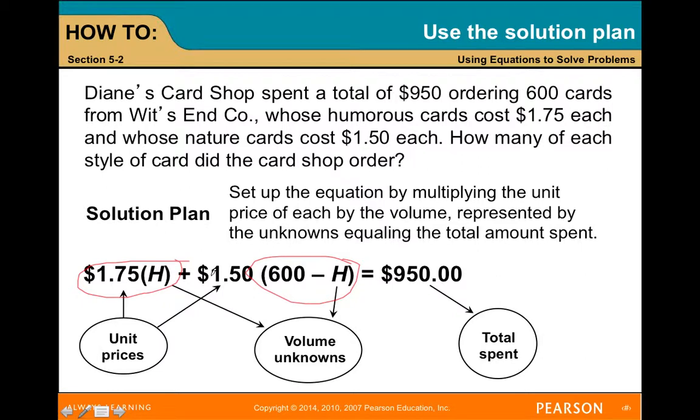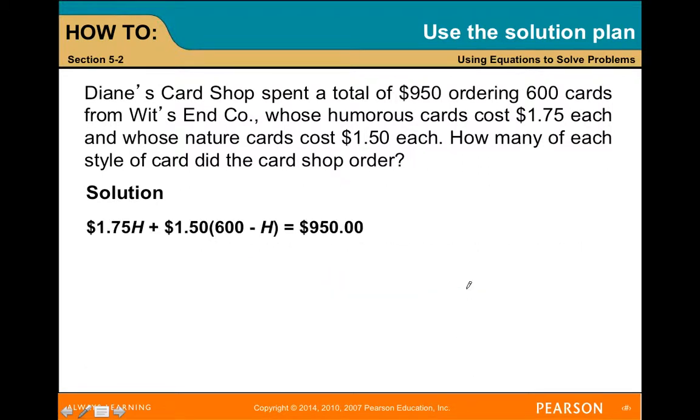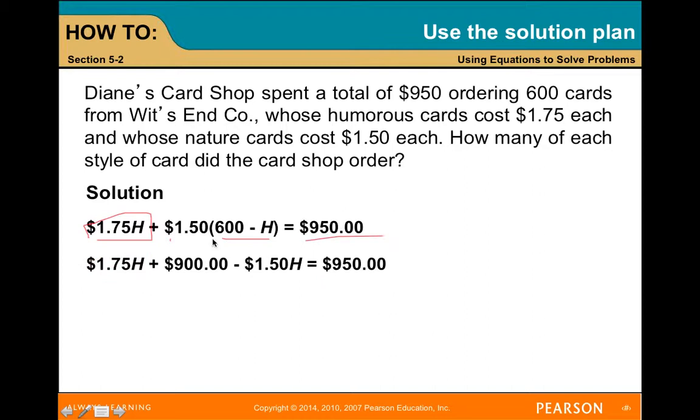Unit prices, we have that, and the total amount spent. For the solution, we have $1.75 H humorous cards plus $1.50, and then parentheses 600 minus the humorous cards, totaling 950.